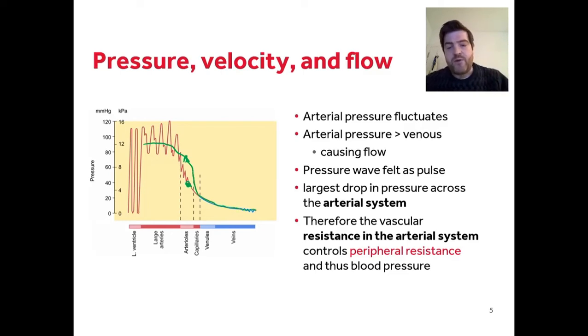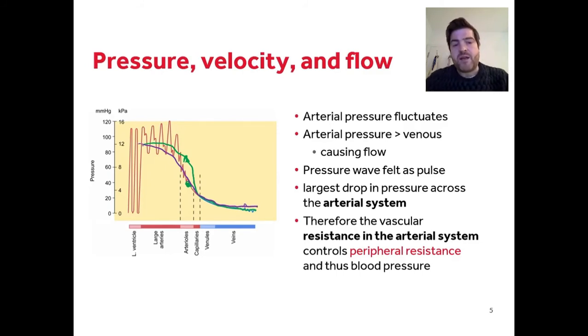Now, if we were to clamp, and I'll use a different color, the veins, we would get an increase in resistance in the veins, but they're already at very low pressure. So we'd get virtually no change in the blood pressure overall. Hopefully that makes sense.